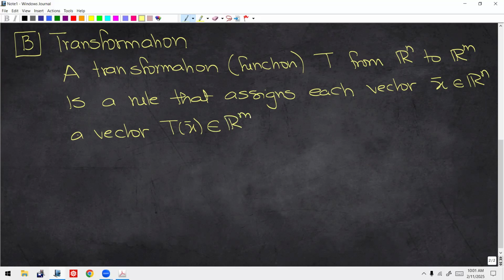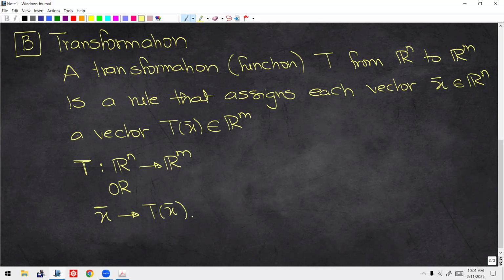Okay, so just like to relate it to what I wrote down earlier with functions, so we have some transform T that takes each vector from Rn and assigns it to a vector in Rm. Okay, so that's what it is. And sometimes, just for ease of writing, books will write it this way. They will write it as the vector x gets assigned to T of x.